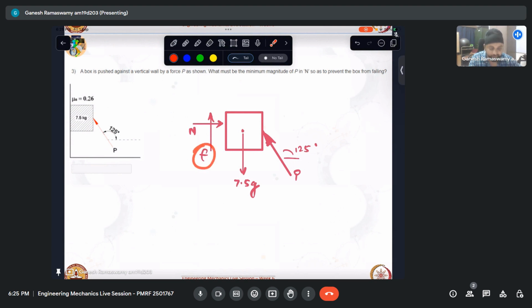F we know maximum it can mobilize up to mu s n.